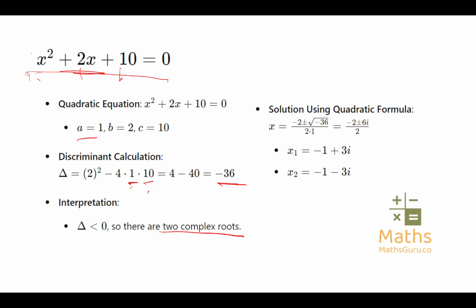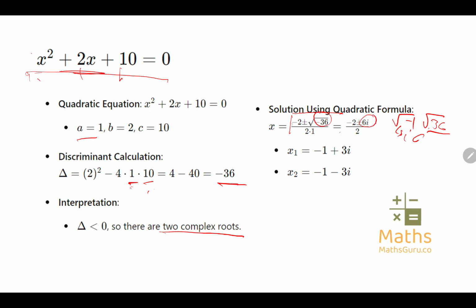If I put everything in the formula, it will be minus 2 plus or minus the square root of minus 36. We know minus 36 can be written as minus 1 times 36, the root of minus 1 is iota, and the root of 36 is 6. So we get 6 iota.